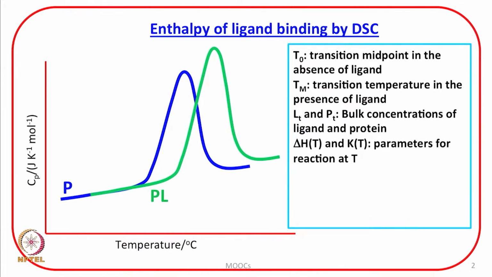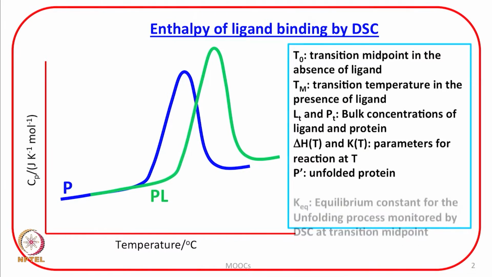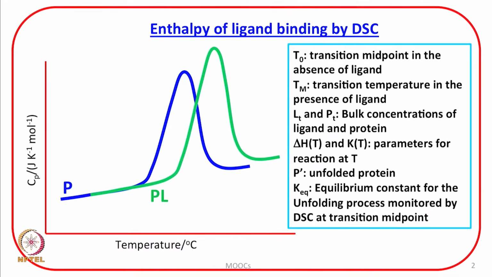And we defined that delta Ht and Kt are the parameters for a reaction at temperature T, and prime we used for the unfolded state of the protein. And wherever we used equilibrium as a subscript, we said that it will be the equilibrium constant for the unfolding process monitored by DSC at transition midpoint.